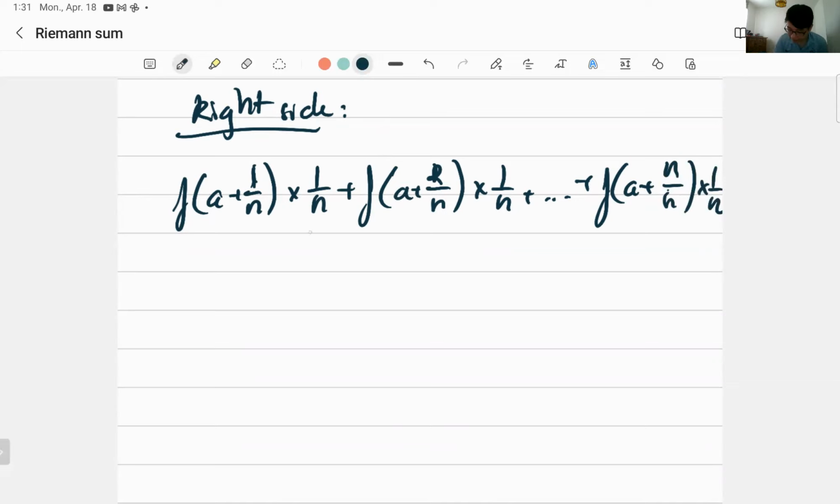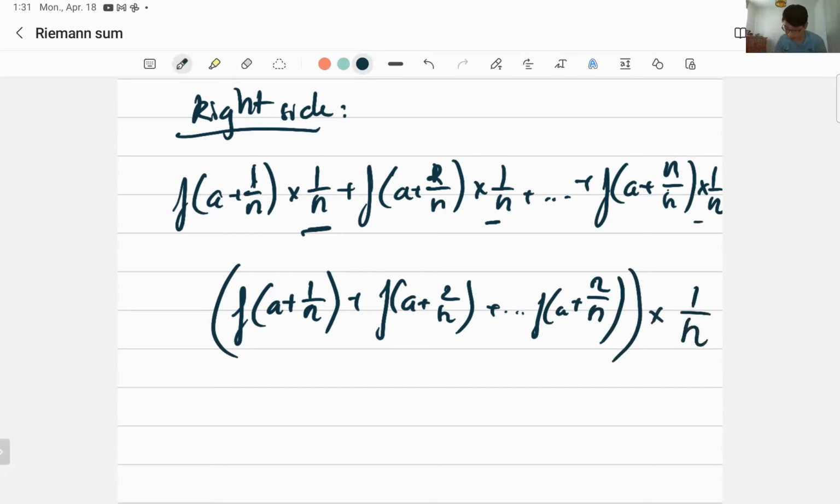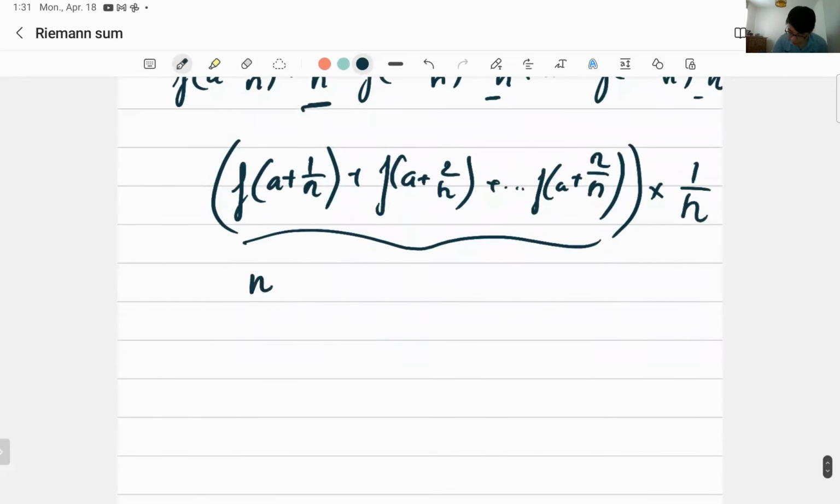I'm going to factor things out. So f of a plus 1 over n, plus f of a plus 2 over n, plus dot dot dot, plus f of a plus n over n. The width is 1 over n, and so I can rewrite this as the Riemann sum from i equals 1, and the expression is f of a plus i over n times 1 over n.